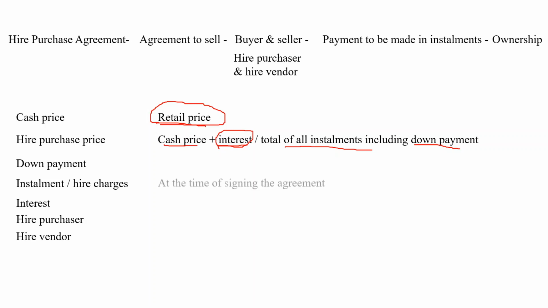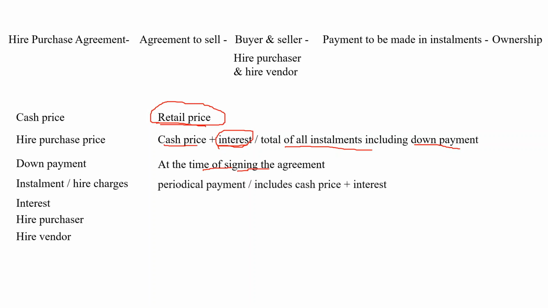Now, what is down payment? Down payment is the immediate payment which is paid at the time of entering into the agreement. As soon as the hire purchaser enters into an agreement to buy goods under hire purchase system, he will sign an agreement. While signing the agreement, the immediate payment that is made is called down payment.